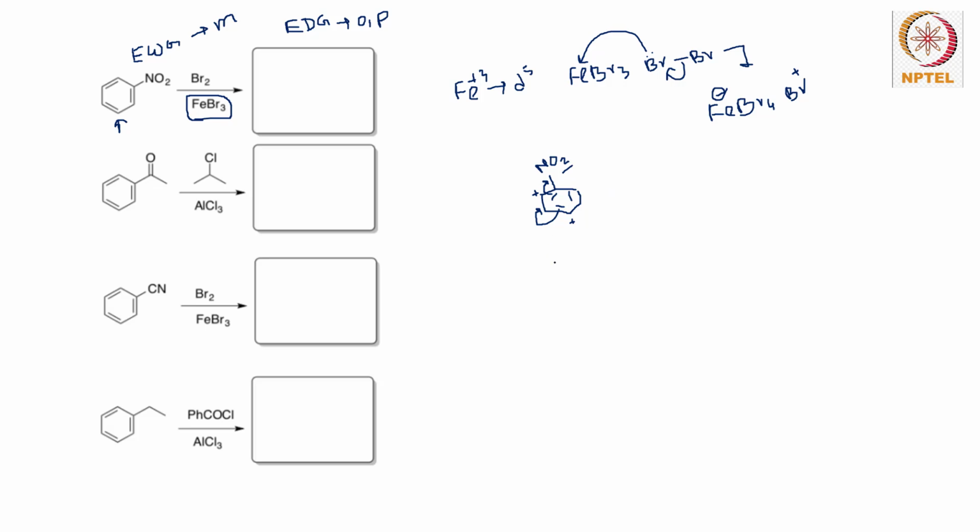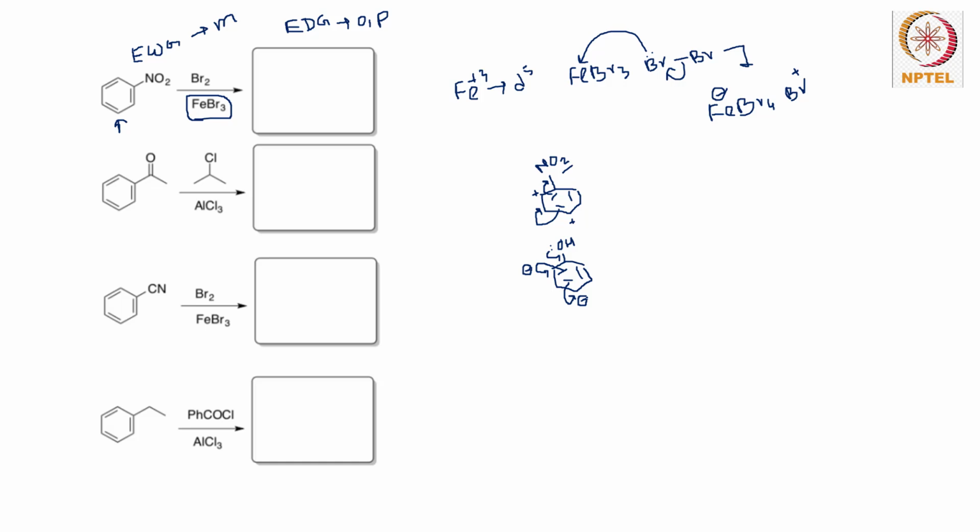Okay, and in case of an electron donating group, suppose there is an OH group, then that will be an electron donating group. The electronic movement will be like this, and it goes here. So there is a partial negative charge at this ortho position, and if it goes here, there is a partial negative charge at the ortho and para positions. So the electrophile chooses those two positions for electron donating groups.